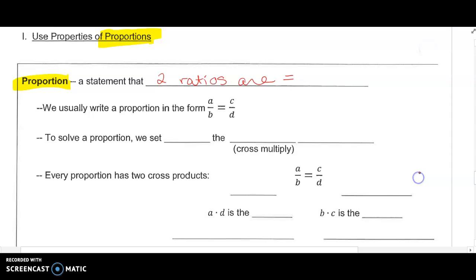And so sometimes you'll hear another way of saying you cross multiply is you say the product of the means equals the product of the extremes. So, this extremes was just supposed to go there, and means supposed to go there.